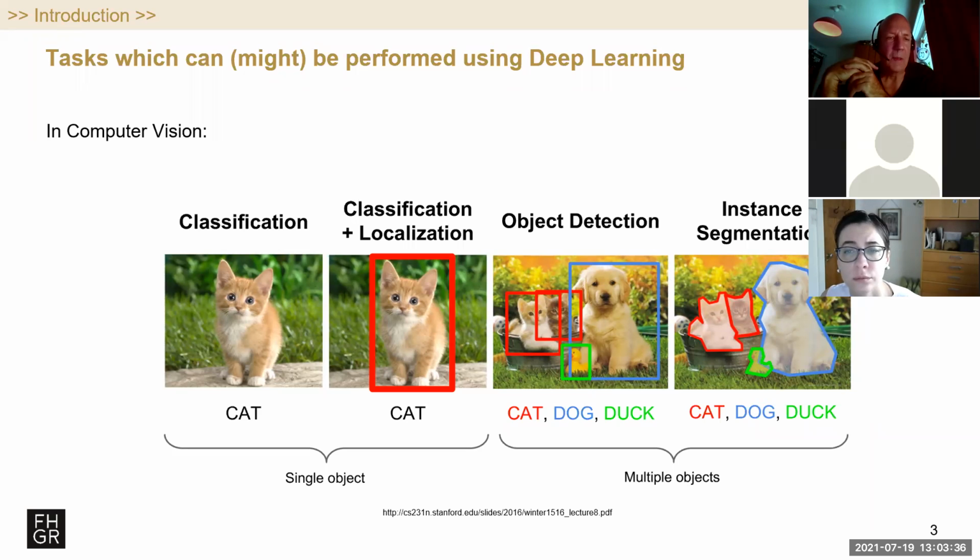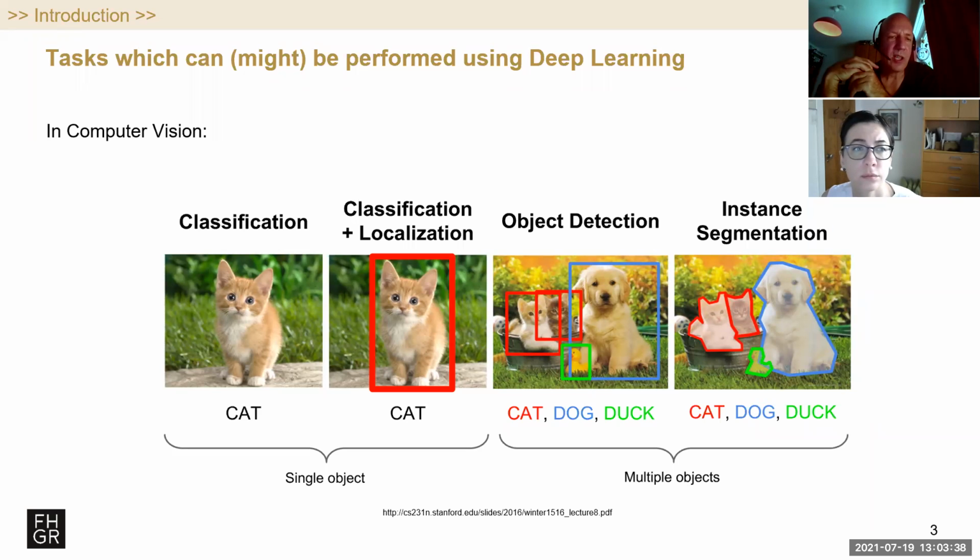We start with simple classification tasks, so we can decide what is being presented in an image. That is not necessarily deep learning, but of course, since the talk is about deep learning, I should also incorporate this.